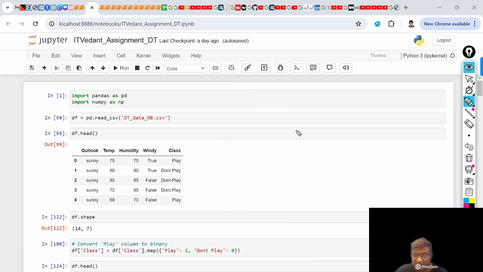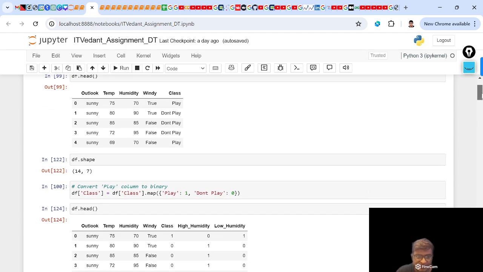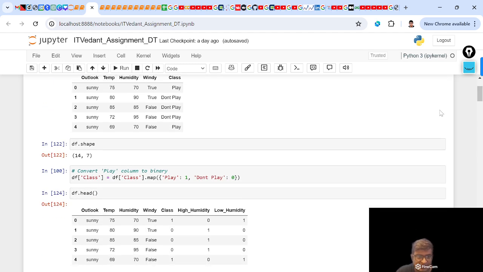Okay. Let us see here what we have done. Pretty simple data set. We have taken the class as a target and we are doing a label encoding. Okay.